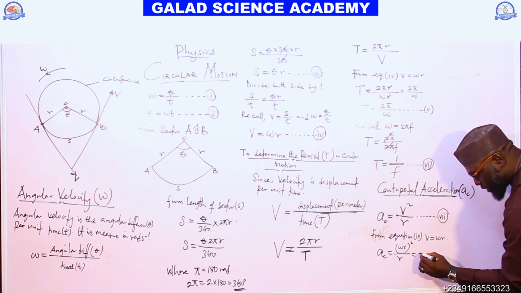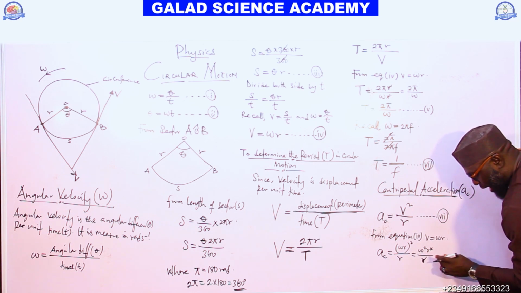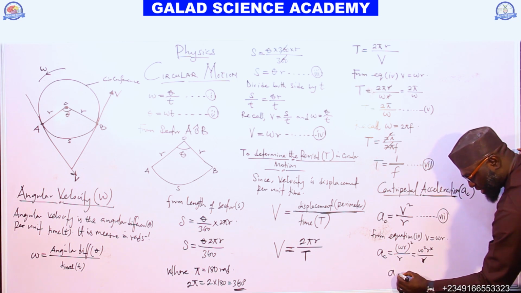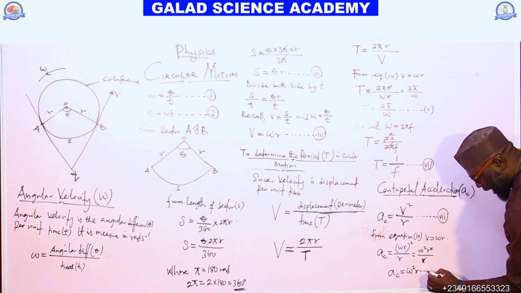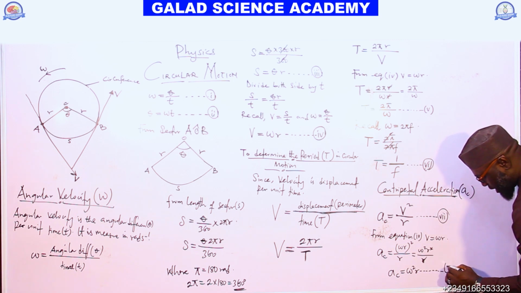If you open the bracket, we have omega square r square over r. So this r cancels one r here. Finally, we have centripetal acceleration to be omega square r. So this is another way of expressing centripetal acceleration. That will be equation 8.